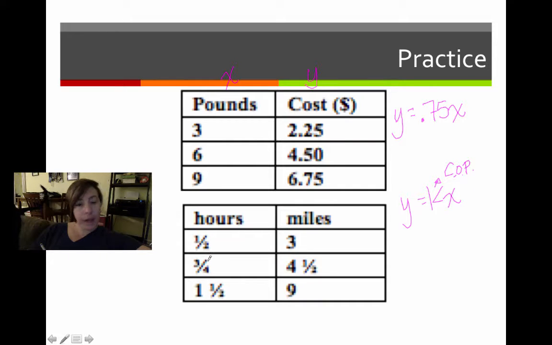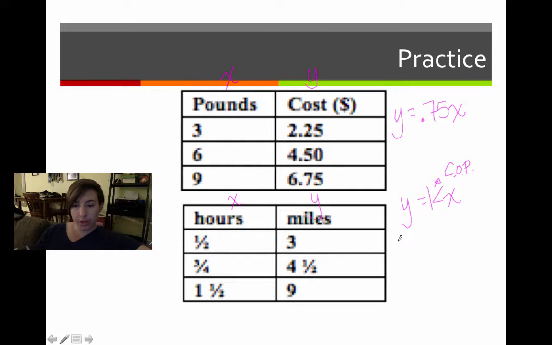So this one, again, I'm not starting with 1, 2, 3. I'm starting with 1/2, 3/4, and 1.5. You can go ahead and do that in a decimal. You could put that on a calculator. You can do a complex fraction.